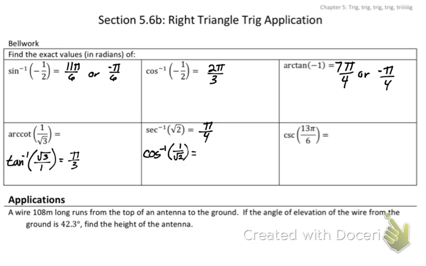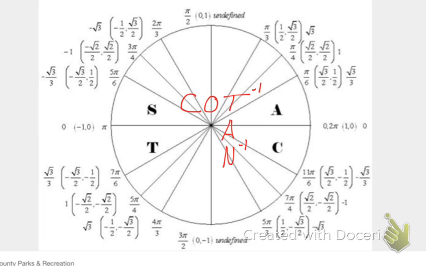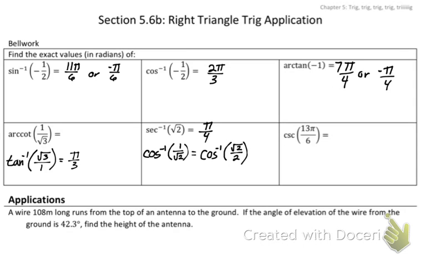The unit circle has them all simplified. So I'd multiply the bottom and top by square root of 2, which would give me cosine inverse of square root of 2 over 2. And that means I just need to figure out where cosine is square root of 2 over 2. It is at pi over 4. That's the answer I had, so you were correct.